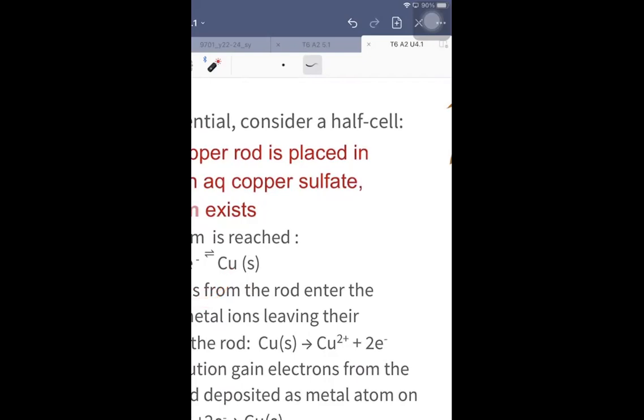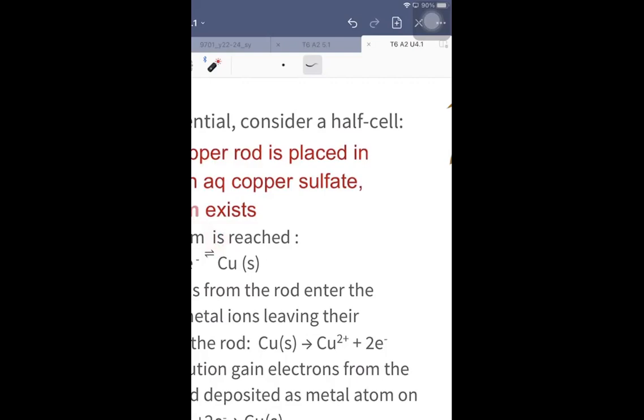So essentially these two reactions, because they are at equilibrium, occur at the same rate. It looks like there is nothing happening there because the forward rate and the reverse rate of reaction are the same. So even if you want to see more Cu2+ being formed, the same amount of Cu2+ is also being removed to produce copper solid.